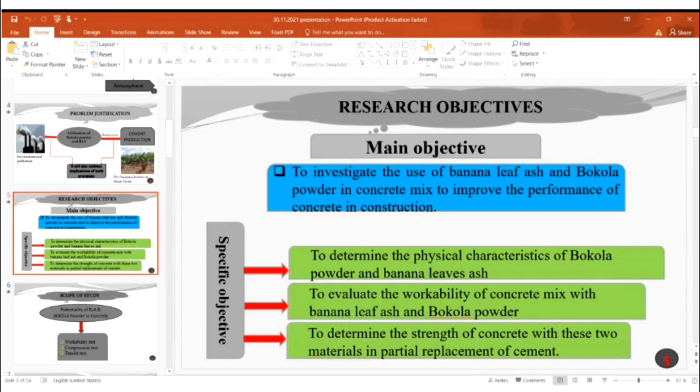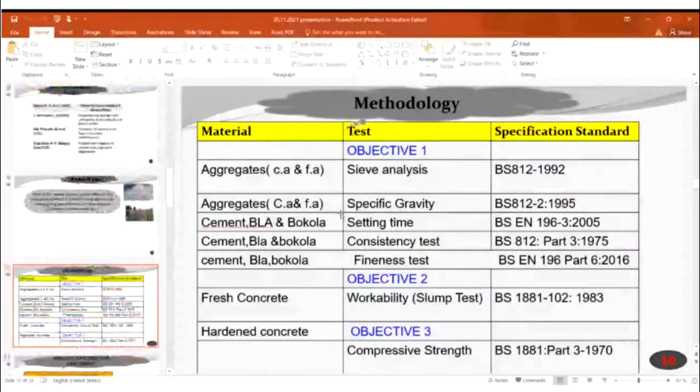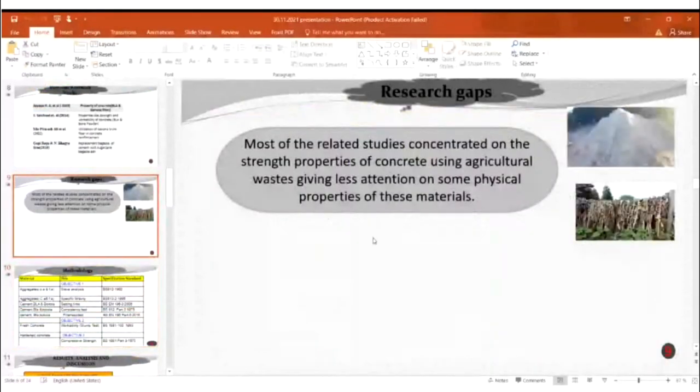You look at the chemical composition of Bokora soil, and the performance from previous studies of the ash from banana leaves, then you evaluate both the positive characteristics and the shortcomings. Then you say, if we combine the two, they can complement one another. So the gap, to me, is not that people have focused on concrete and not on the physical properties of the material, because almost all people who do these studies start with material characterization.